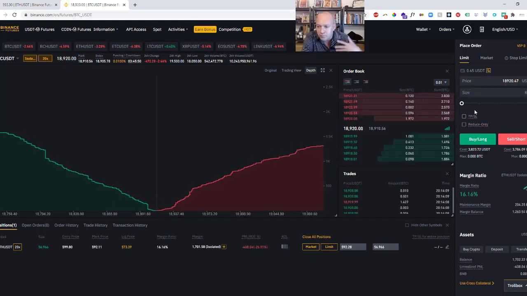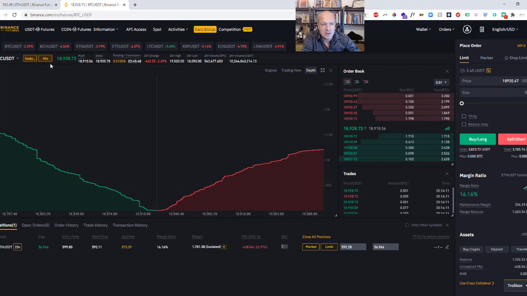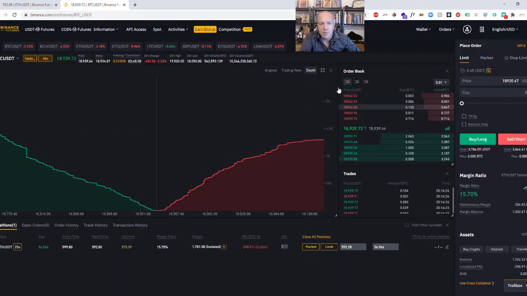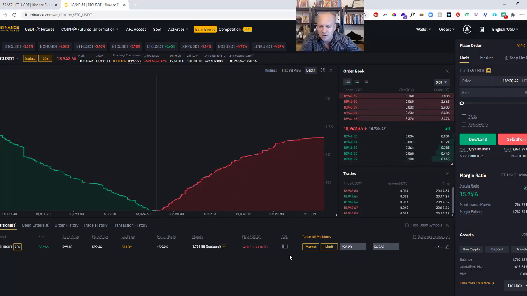So basically, once you set your margin, if you're just starting out, start with 10 or start with 7. At least it buys you a little bit of time to get to know the system, to get to know how this trading works, and then you're good to go. Once it's fulfilled, you'll see it here in your positions, and then it's just a matter of time and hoping that your pick was the correct one, right?